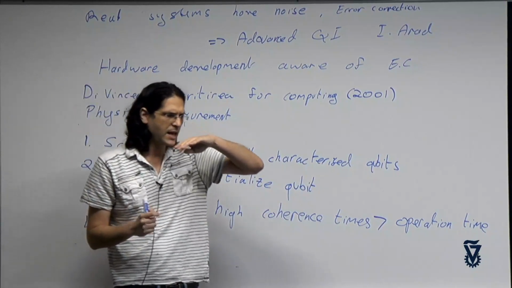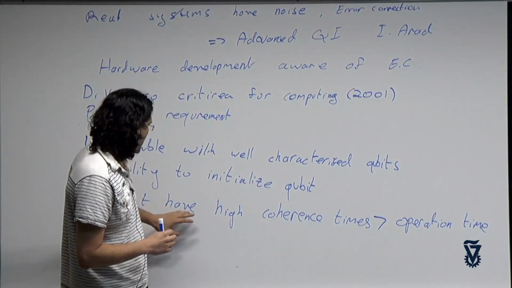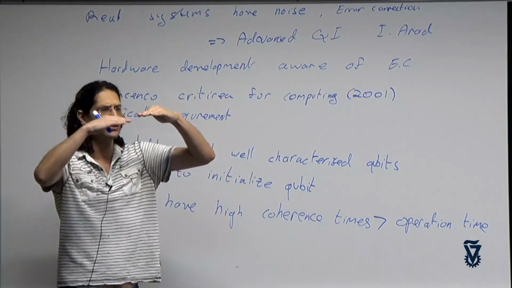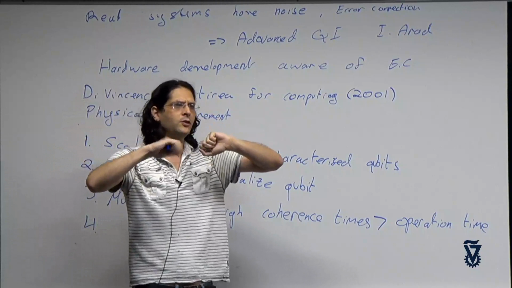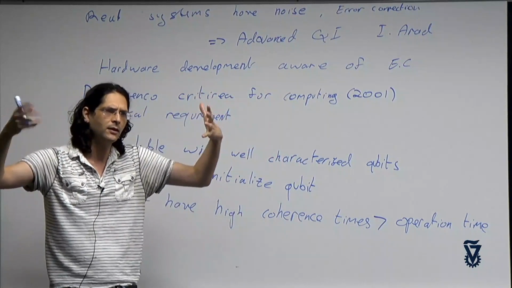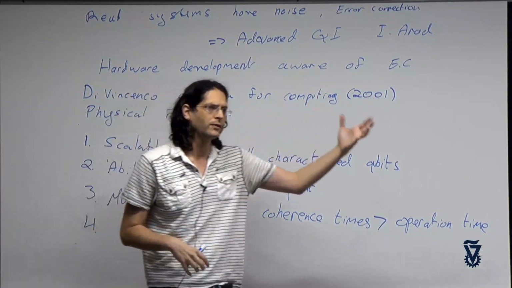It means that if your gate error, readout error, all your errors are below this threshold, then you can always add more and more qubits to create a redundant encoding such that you will increase your effective coherence times.